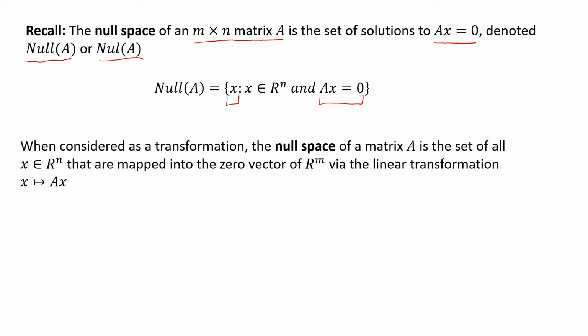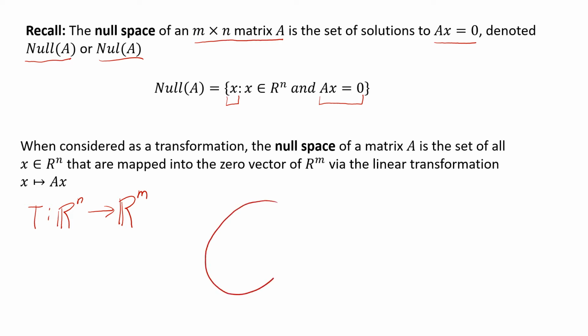So again, matrix multiplication and linear transformations are kind of two faces of the same thing. If you think about this as a transformation, this matrix A is giving you a transformation from Rn into Rm. You have n variables, it takes an n-dimensional vector and it turns it into an m-dimensional vector.